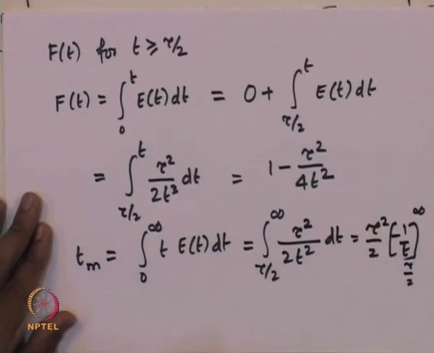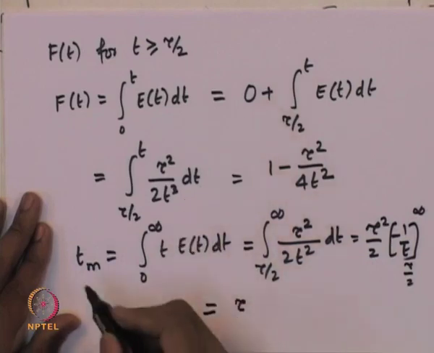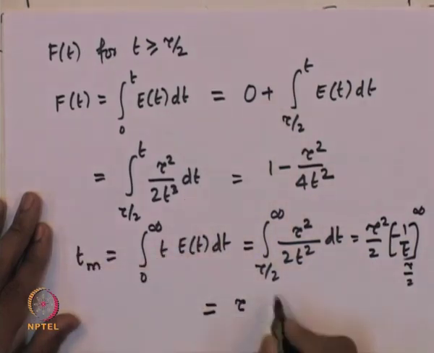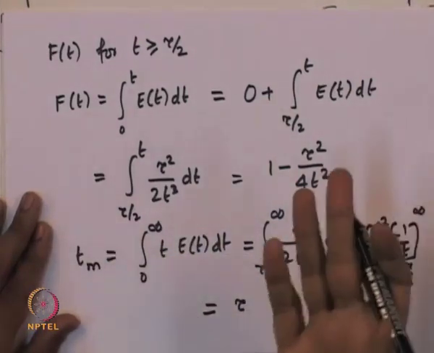Substituting the limits, we will find that that will be exactly equal to tau, which is what we intuited before, that if there is no dispersion, then the mean residence time would be equal to the space time itself irrespective of the RTD function.